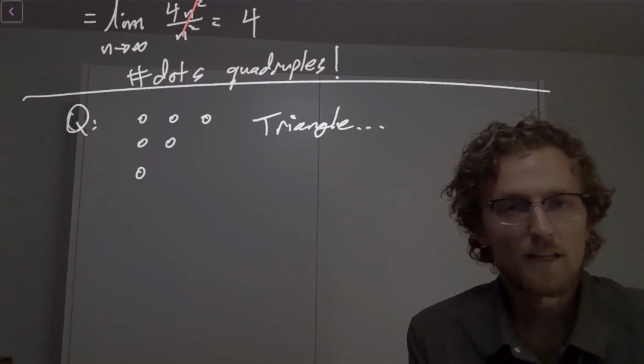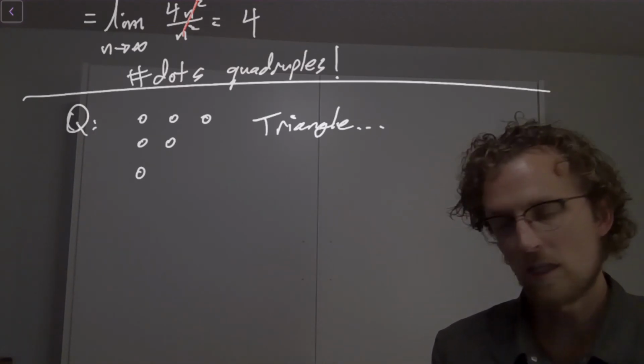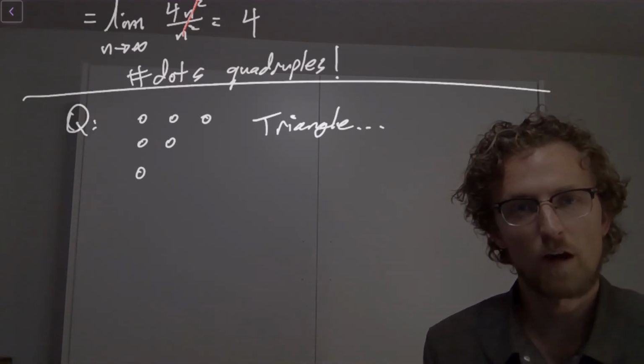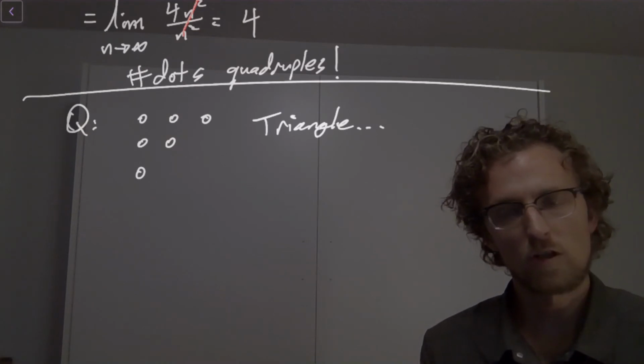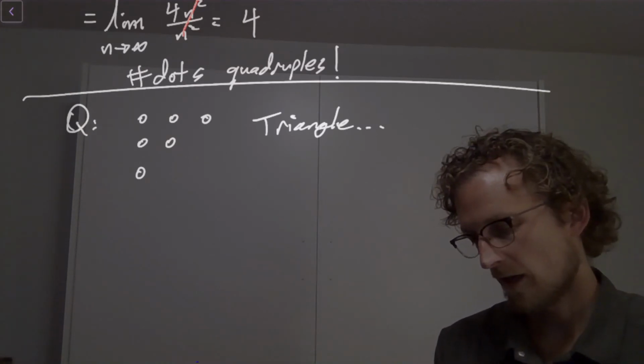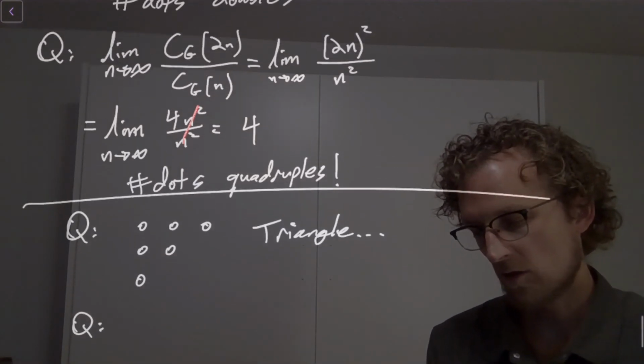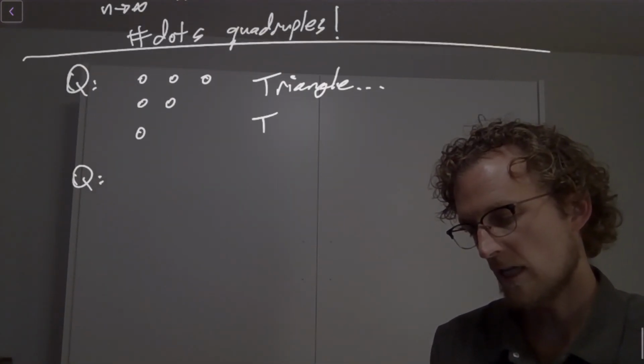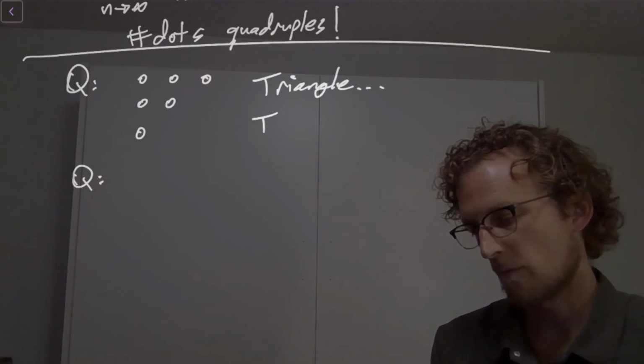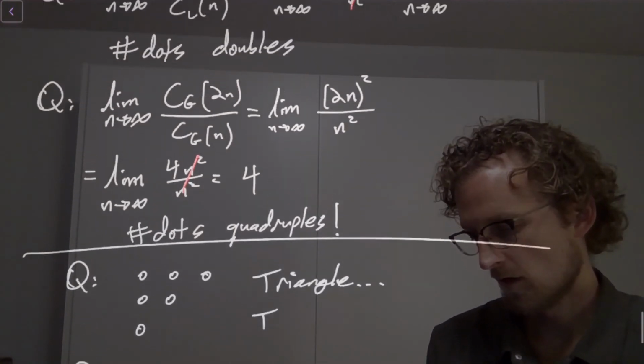And I can ask the same question, right? How does the number of dots in a triangle change as the dimension of the triangle changes? And so I can ask, mathematically speaking, so the triangle has this t. Am I using t? I am using c.